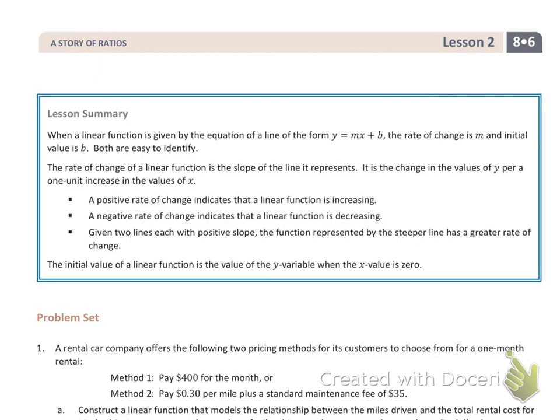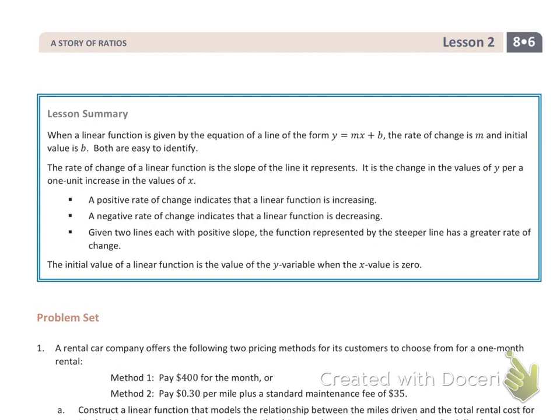When a linear function is given by the equation of a line in the form y equals mx plus b, the rate of change is m and the initial value is b. Both are easy to identify. We talked about the fact that the rate of change is the slope of the line, and it's the change in the value of y for every 1 unit increase in the value of x.